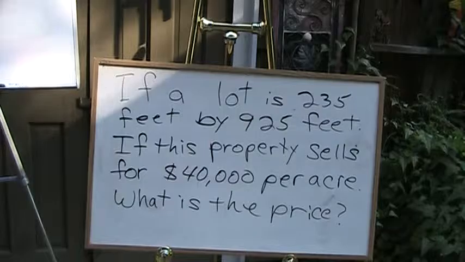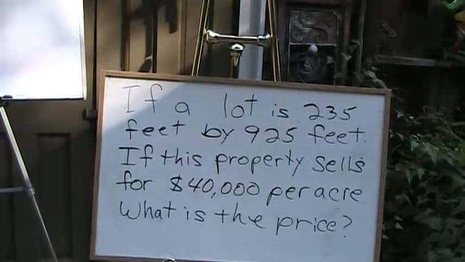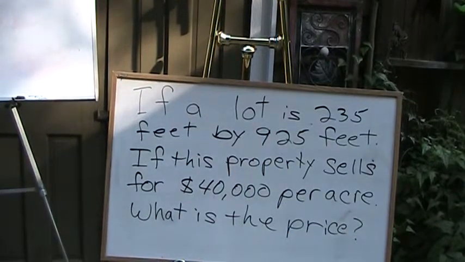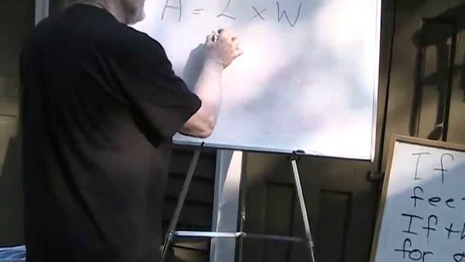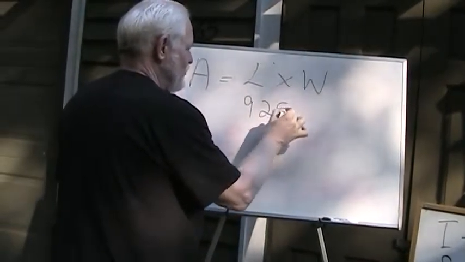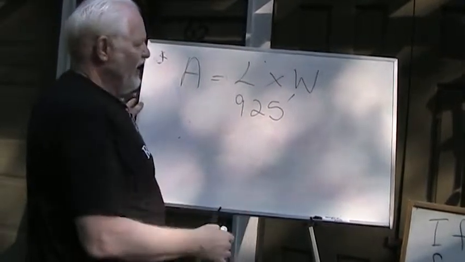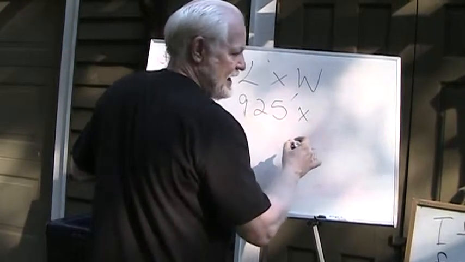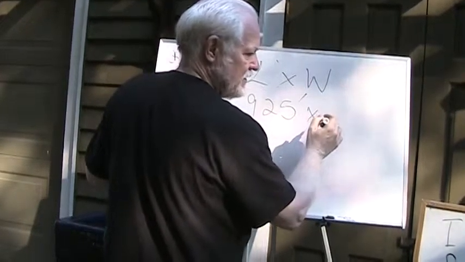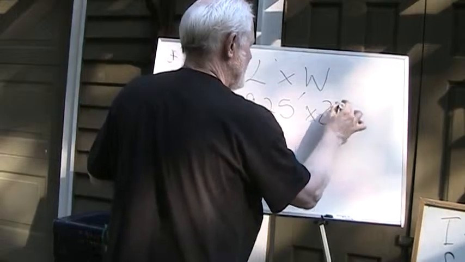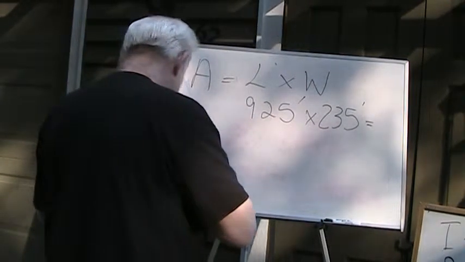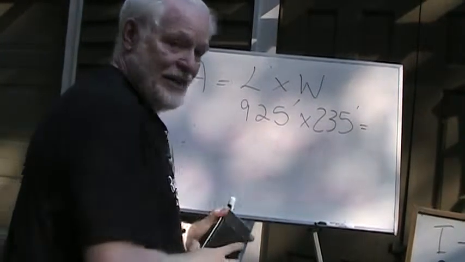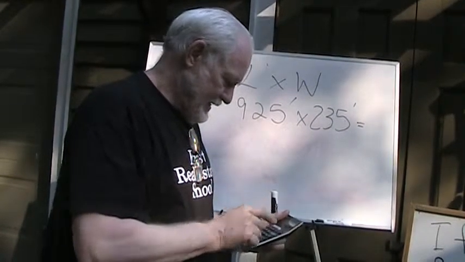All right. Area equals length times width. Everybody remember that? Our length is 925 feet. Everybody knows that little mark means feet, don't they? Times 235 feet. So 925 times 235.